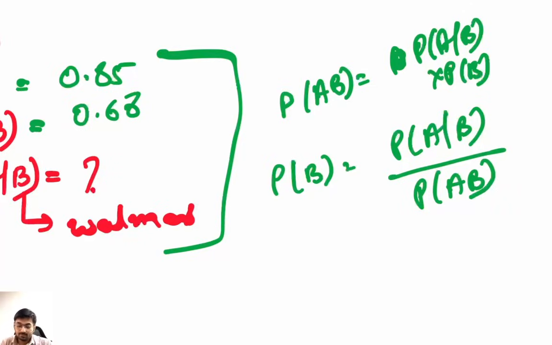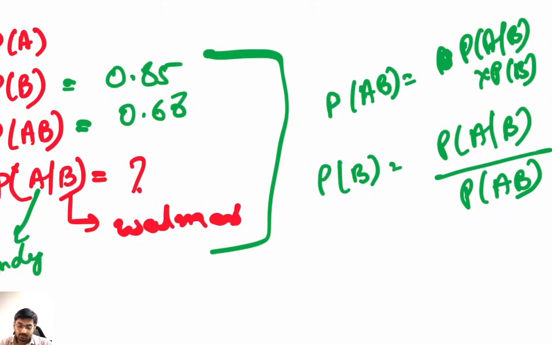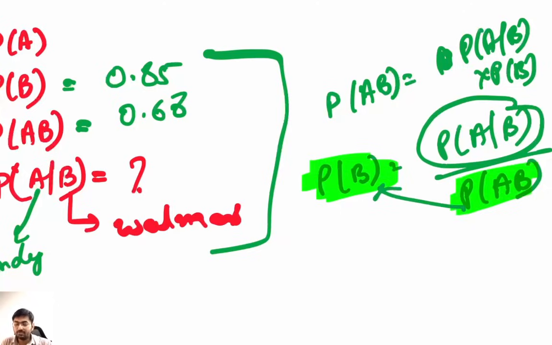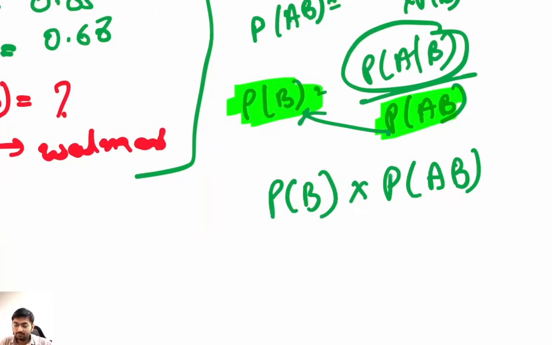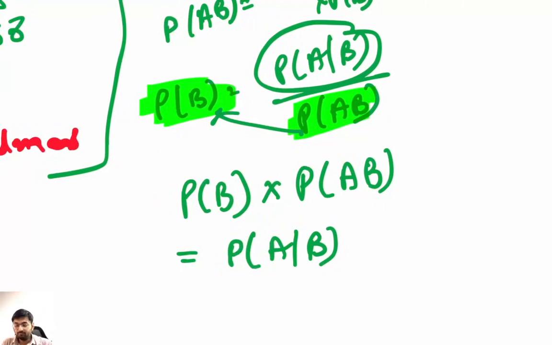So now I have this information and also I have this information. So can I calculate this information? Just simply the multiplication of probability of B and probability of AB. What you will get? Probability of A given B. Clear? So are you clear with this?